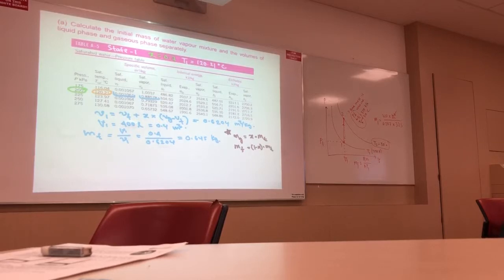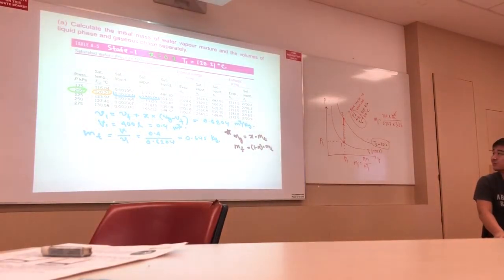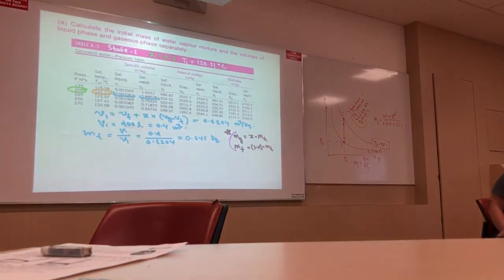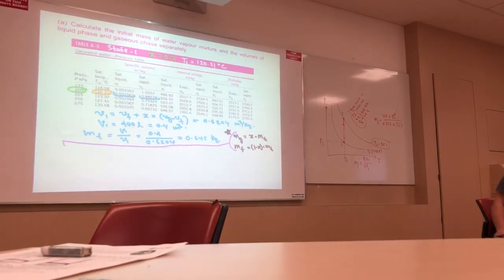So according to this equation, I can find mg. mg is equivalent to 0.4515 kilogram, and mf I get 0.1935.